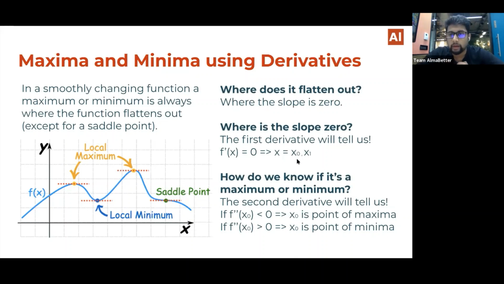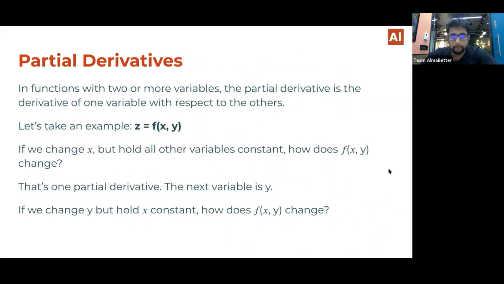At x = x naught, you calculate the second derivative. If that value comes to be less than 0, then x naught is the point of maxima. Just remember, if it is less than 0, it is the point of maxima. If the second derivative's value is greater than 0, then x naught is the point of minima. Okay.